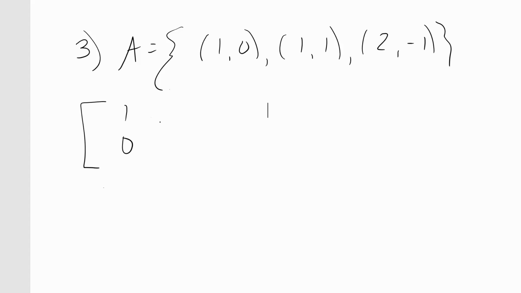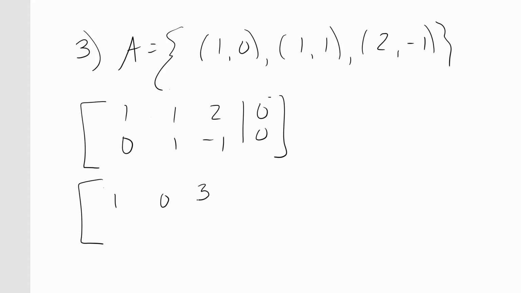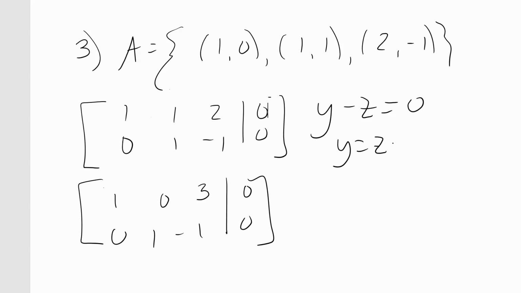So it's going to be 1 over 0, 1 over 1, 2 over -1, and I want to get out 0, 0. When I row reduce this, I get [1, 0, 3, 0] over [0, 1, -1, 0]. What this now says is my bottom equation says y minus z equals 0, or y equals z.